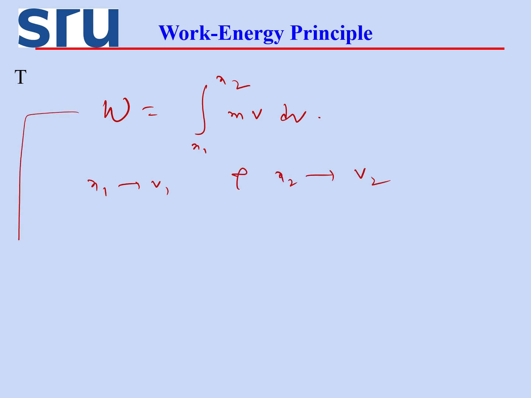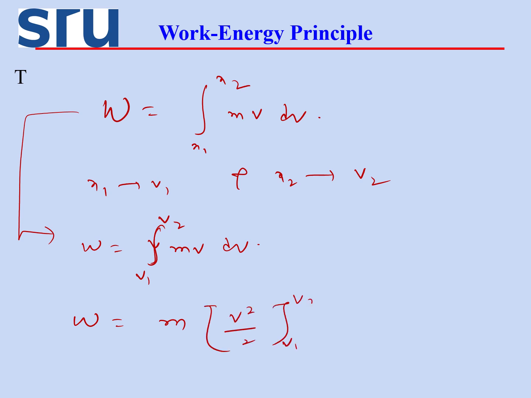So W equals the integral from v1 to v2 of mv dv. Therefore W equals m into v square by 2, with limits v1 to v2.